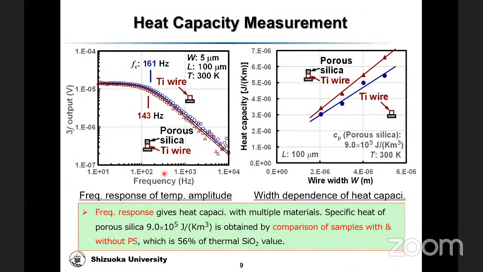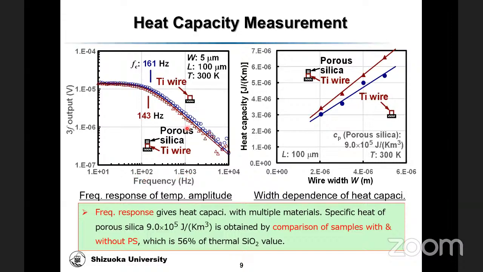And this slide shows the frequency response of the temperature fluctuation. And you can see that the temperature fluctuation gradually decreases, and the decrease of the temperature is one order for the change of one order of frequency.